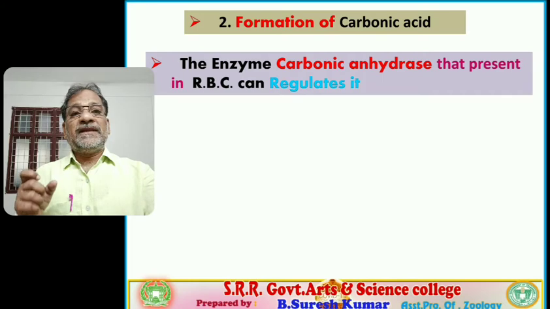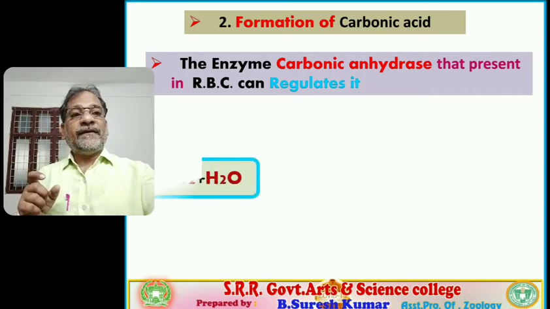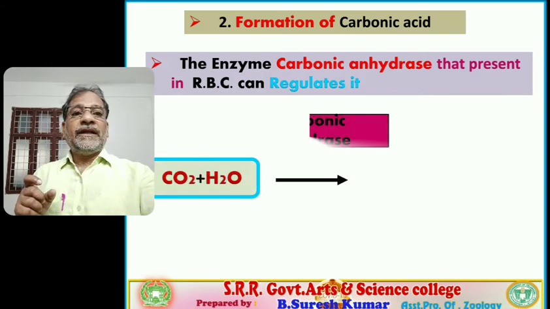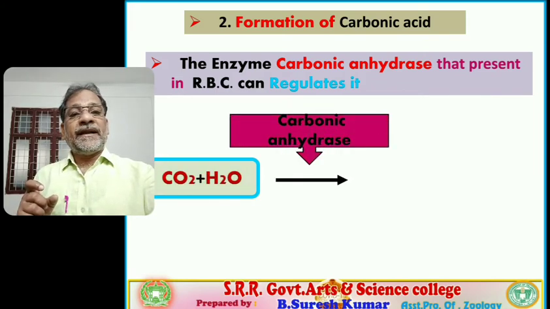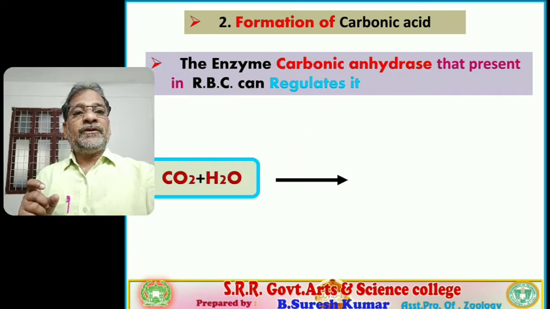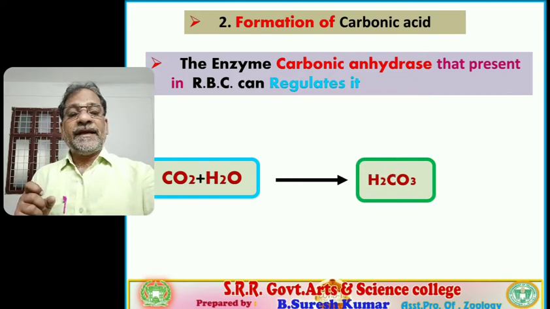So it is present in RBC, and this phenomenon is regulated by carbonic anhydrase enzyme. Carbon dioxide combines with water in the presence of carbonic anhydrase enzyme, and what compound is produced? H2CO3, called carbonic acid.